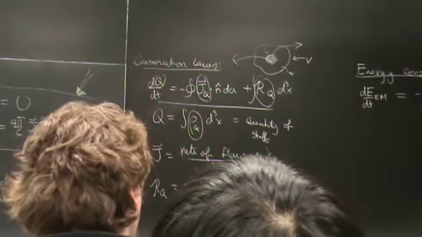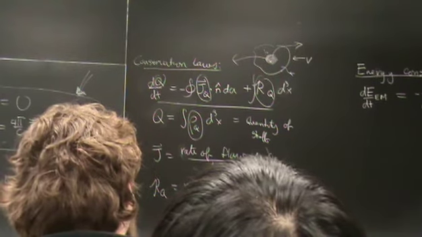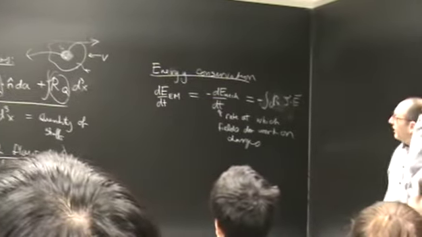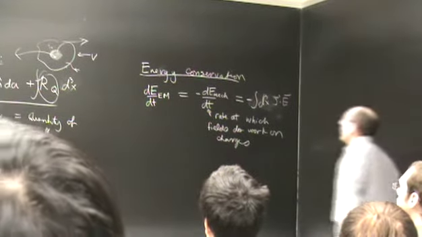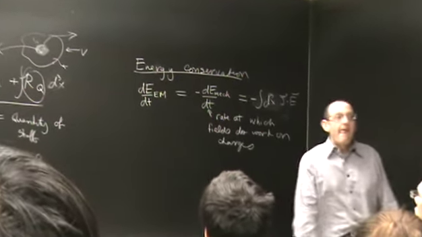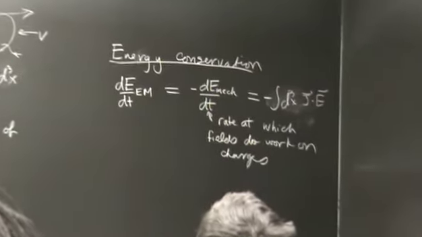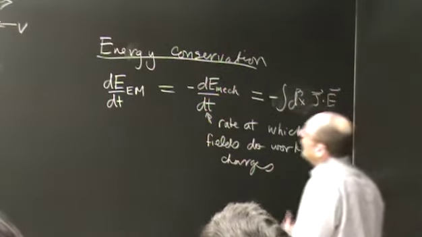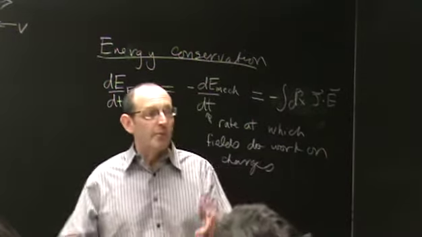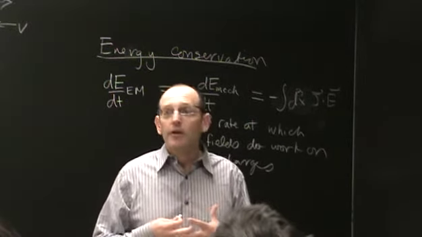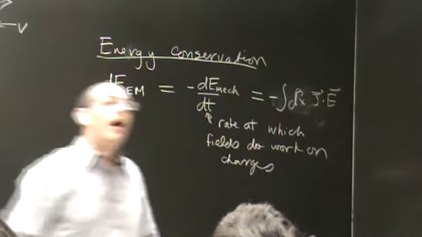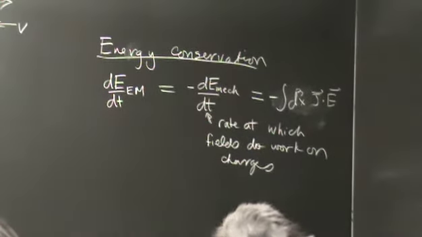So, in particular, at the last class, we were talking about deriving the conservation of energy law in electromagnetism. And so energy in electromagnetism can reside in two forms. It can reside in the fields or in the kinetic energy of the charges. Okay?